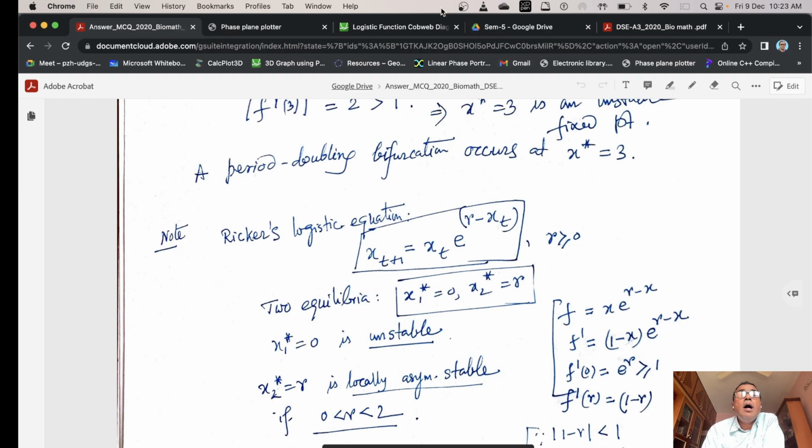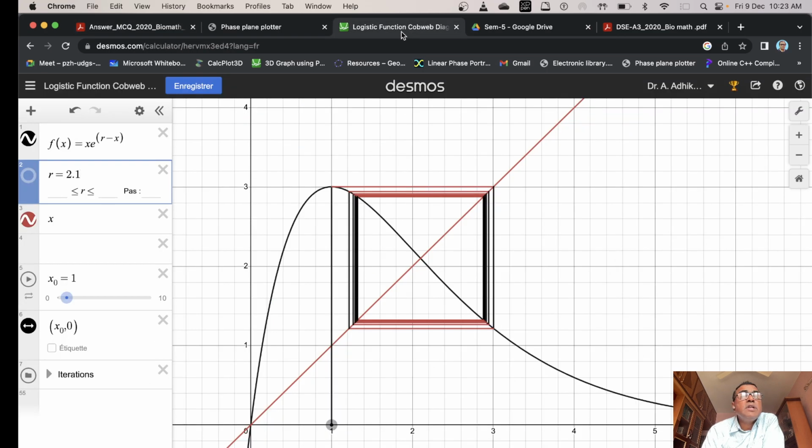Now from the graph of f(x) = x e^(r - x), when you put r equal to 2.1 and initial value x0 equal to 1, by the cobweb diagram you get this point.